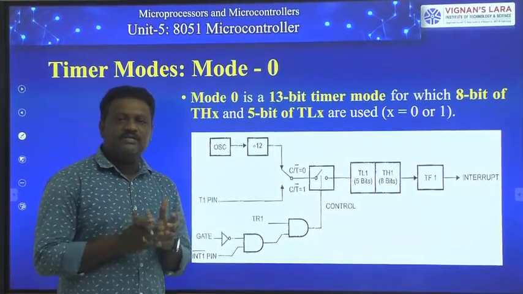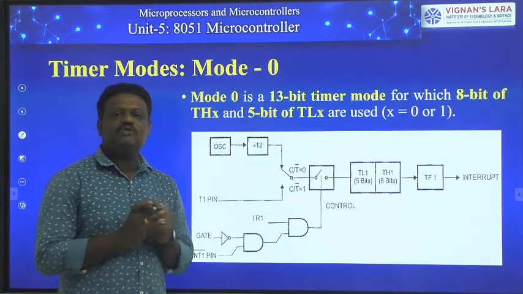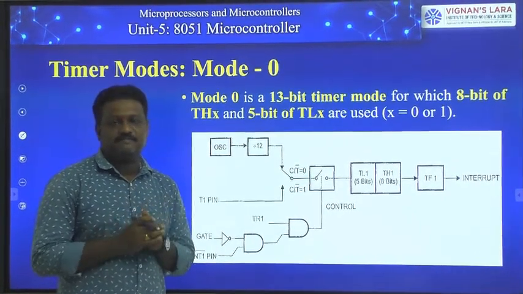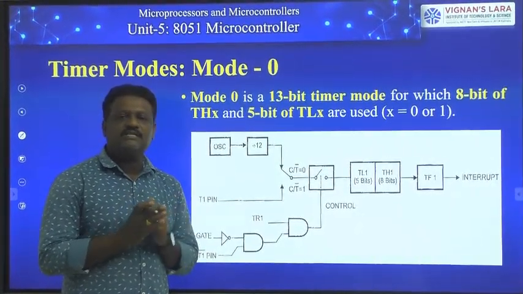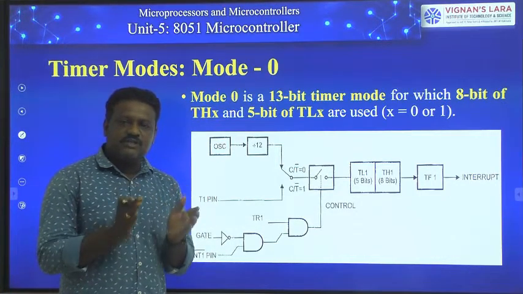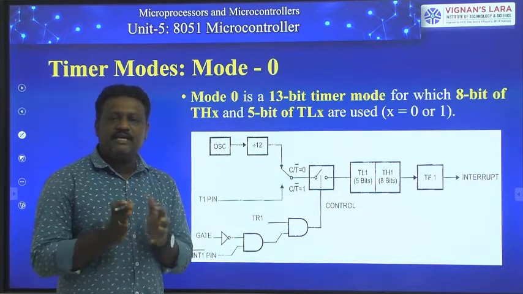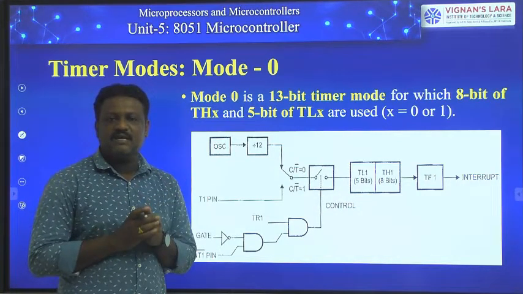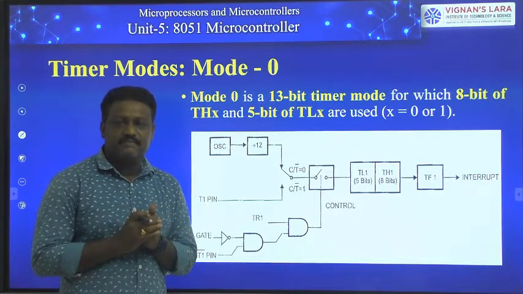The timer mode selection register is especially useful for selecting the mode of operation of our timer. In the 8051 microcontroller, there are 2 timer/counter circuits, T0 and T1. For selecting their operation, we took the help of the TMOD register. The TMOD register is split into 2 nibbles.